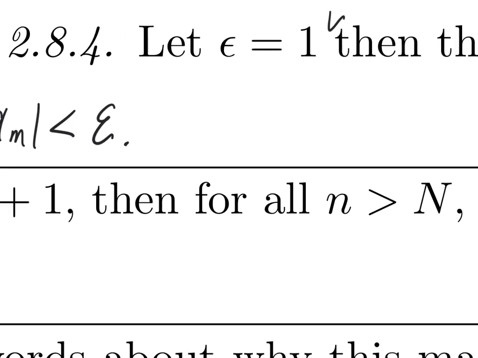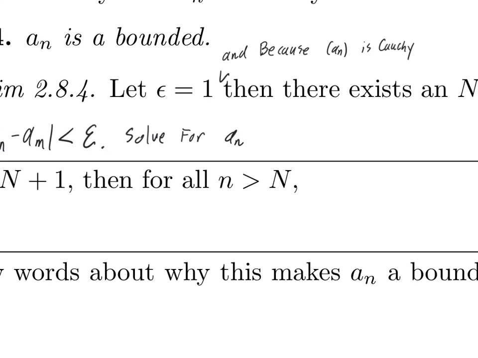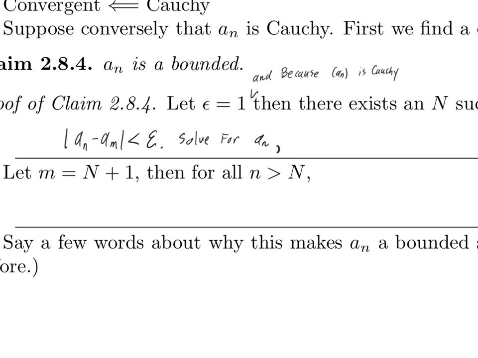And maybe I'll even go ahead right here. If I solve for a sub n, what do we get? Well, you already know what we get, right? We've done this enough times. I'll get that a sub m minus epsilon is less than a sub n.